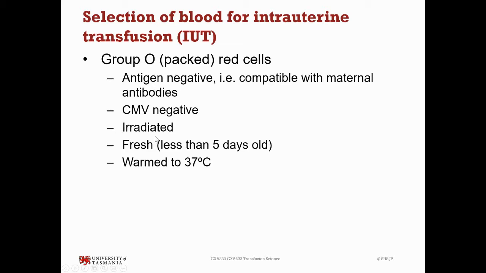We also irradiate them to kill off any lymphocytes that might be there. Make sure it's fresh so that we don't introduce any increased what we call blood storage lesions, you may recall. And we also make sure it's warm to 37 degrees because, of course, the fetus is at 37 degrees.